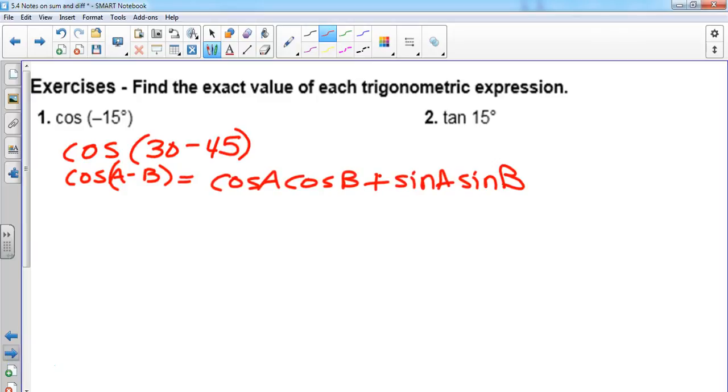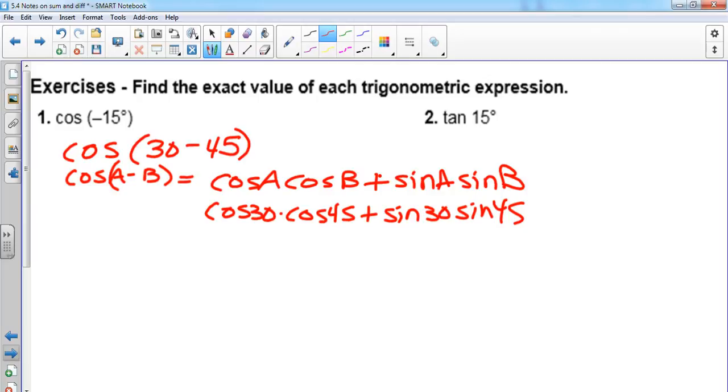Okay. Now we're going to replace all those with what two numbers? 30 and 45. All the A's are 30s, all the B's are 45s.